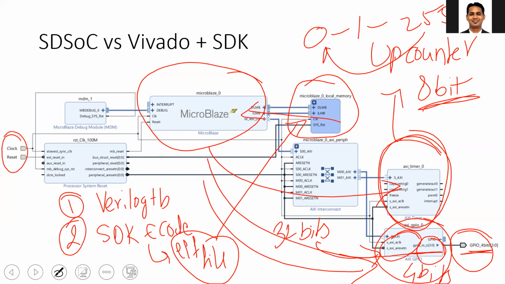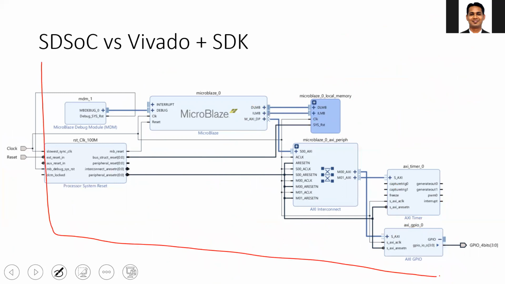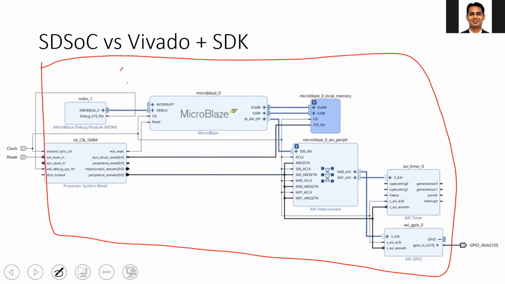So it will perform the fetch, decode, and execute cycle. The test bench is very simple, because you need to generate only the clock and reset signal. If you look at this entire diagram, this will be converted into Verilog code by the Vivado, and you can see that you have the clock, reset, and the GPIO 4-bit as signals.